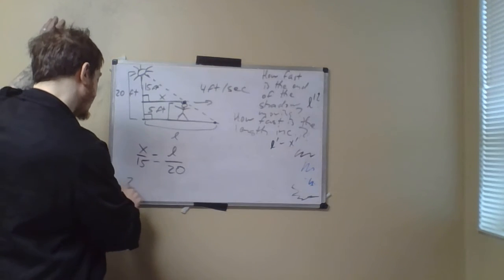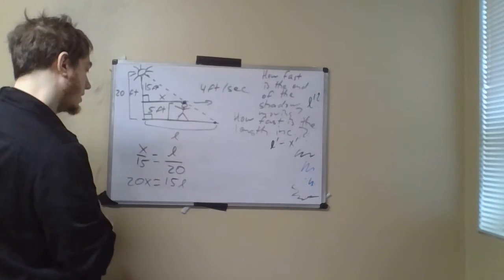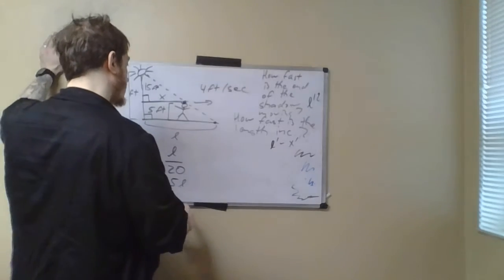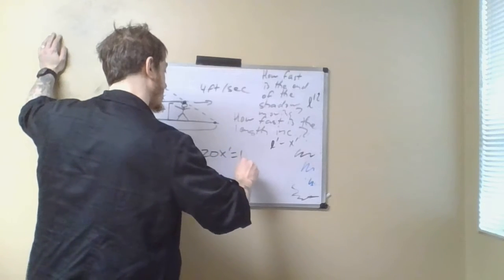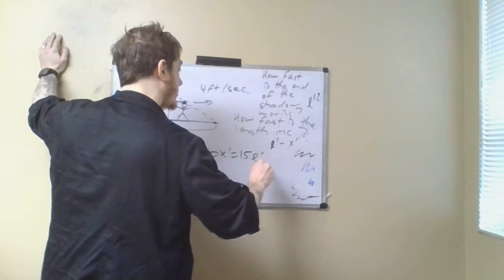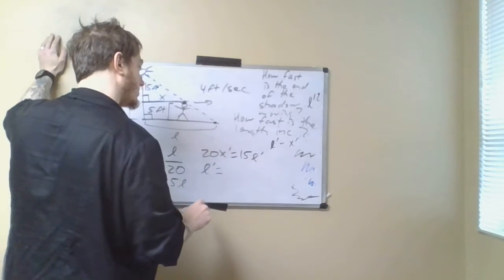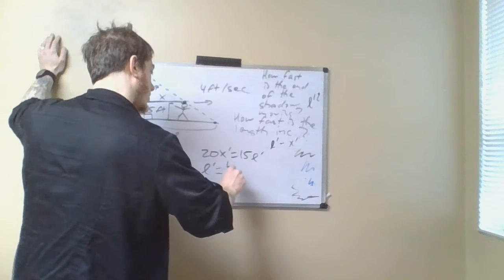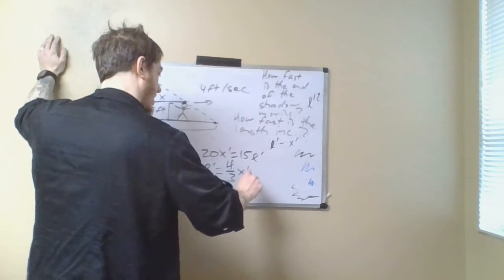Another way of putting this is that 20x has to equal 15L. If I differentiate this with respect to t, I'm going to get that 20x prime is equal to 15L prime, which means L prime is going to be equal to 4 over 3 x prime.